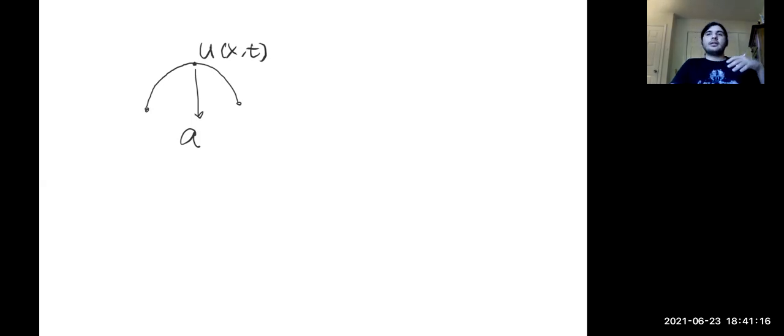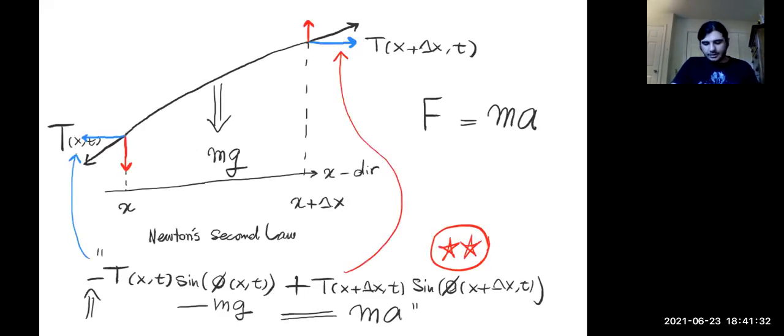Remember, velocity is the first derivative with respect to time. Acceleration is the second derivative. So a is the second derivative of u with respect to time. Combine this with the equation we had here. We should replace the acceleration a with the second derivative of u with respect to time.